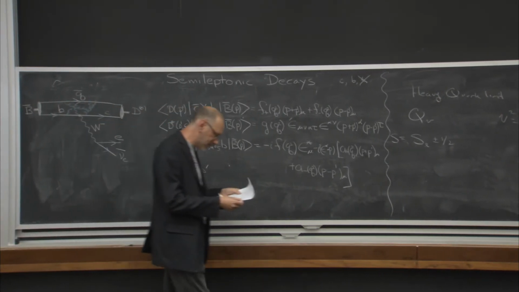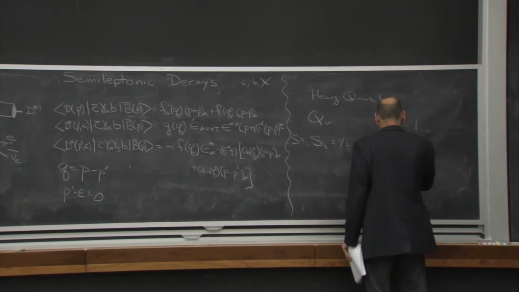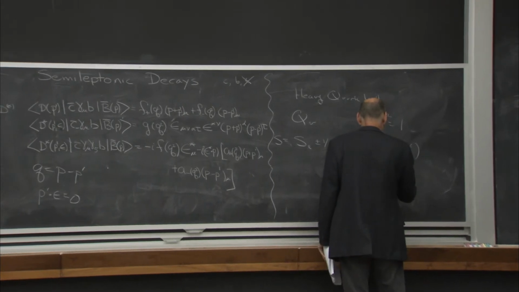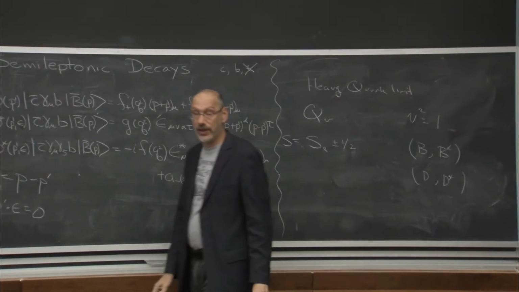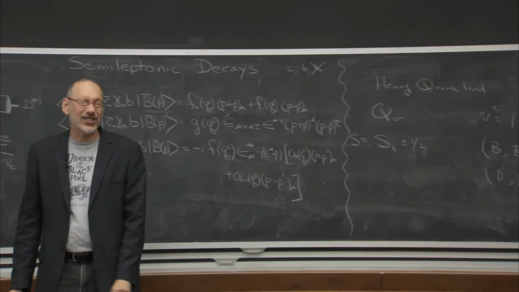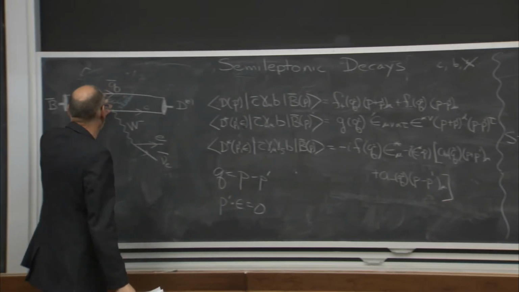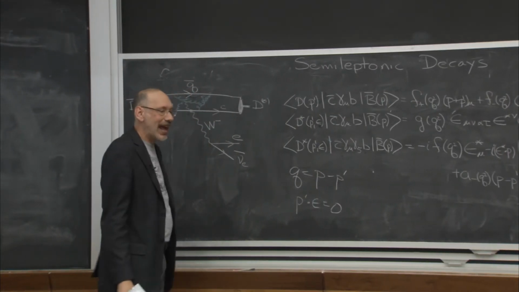Okay, so we've got these multiplets. In this case, for the problem of interest, the multiplets are the B and B star and the D and D star. And these multiplets have spin of the light degrees of freedom equal to a half. That's the simplest thing you could have for a meson that has an interpolating field with a light antiquark. It's basically the same spin as the light antiquark.